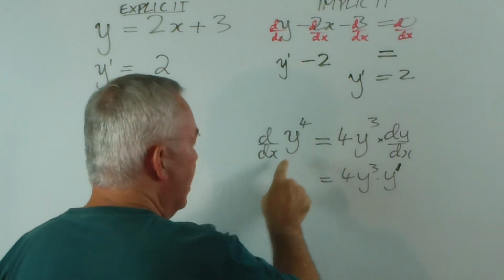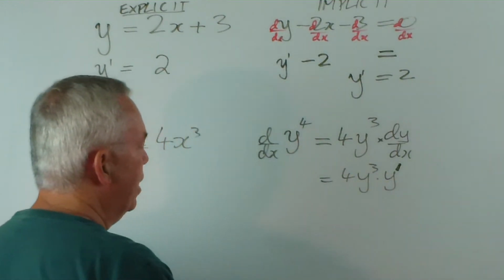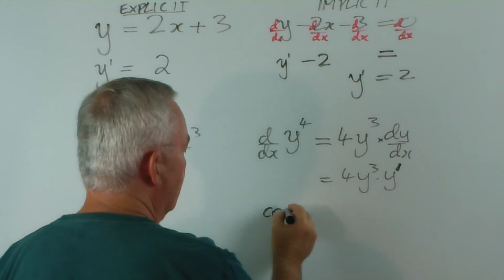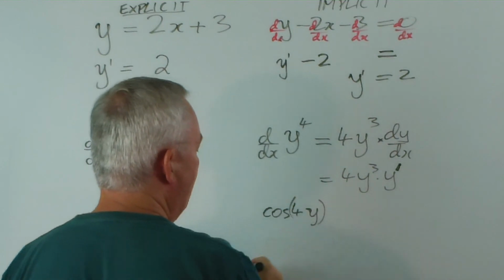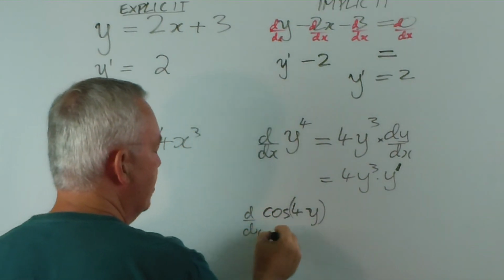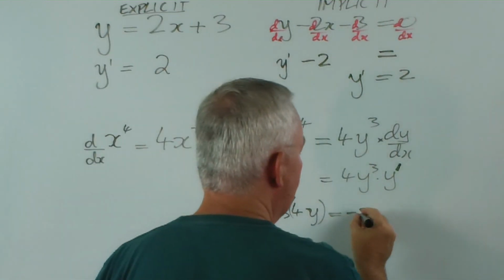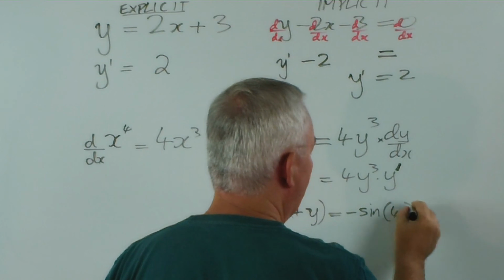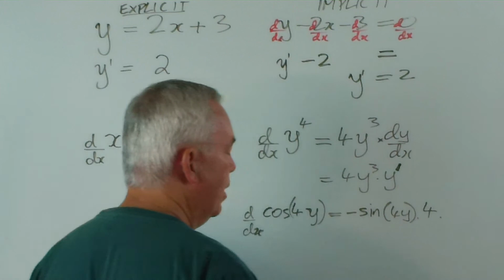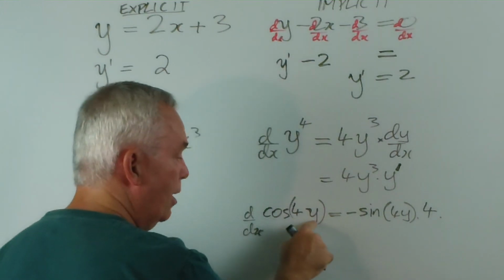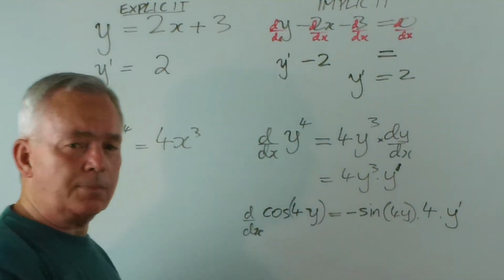Basically, any expression that has y in it, when you're finding the derivative with respect to x, will have a y dash at the end. For example, cos of 4y, the derivative with respect to x will be, the derivative of cosine is negative sine, times the derivative of 4y, which is 4, times the function inside that, which is y, and the derivative of y with respect to x is y dash.